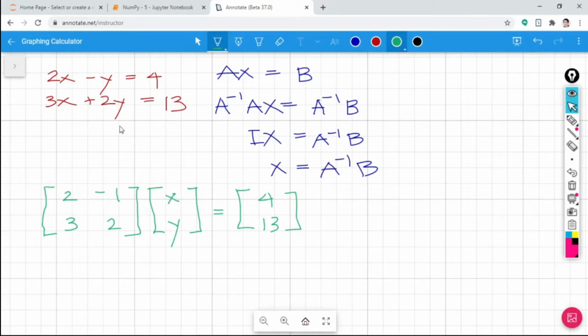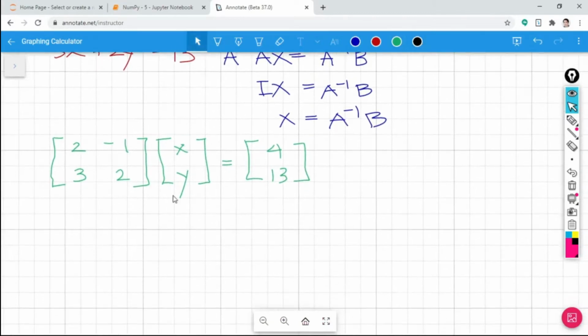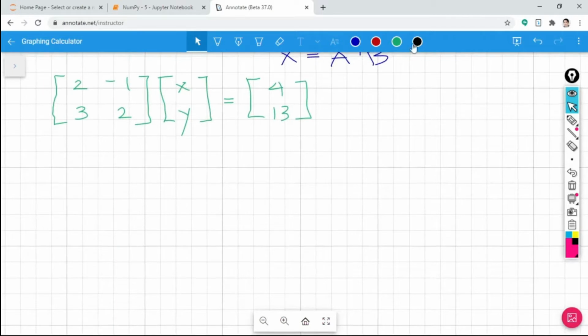What will we do? According to the formula, we will first find the inverse of this one before we can derive the solution. Again, if you remember from the previous lecture about the inverse of a matrix formula, let me refresh you again.